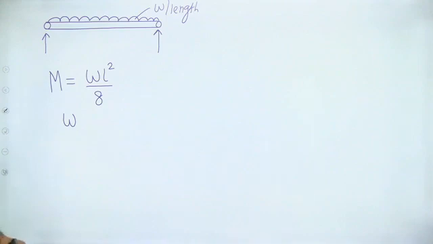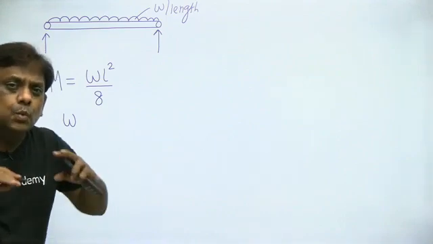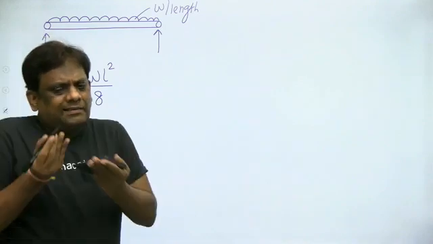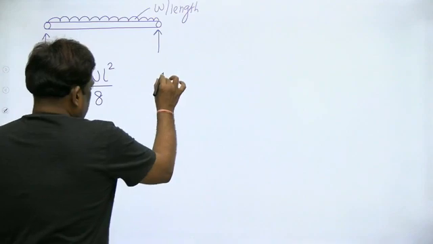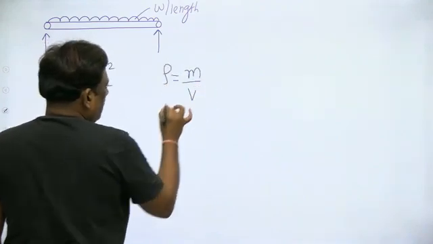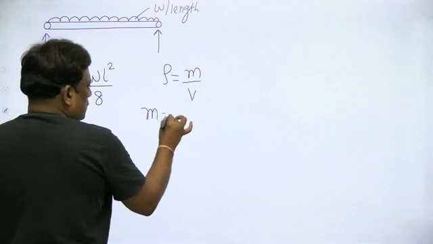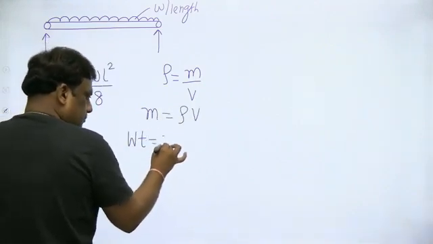Can you tell me what is w? First let us calculate w. It is the weight per unit length, and that weight is uniformly distributed throughout the length. You know, my dear friends, density is equal to mass over volume, or mass is equal to density into volume, and weight is equal to mg.